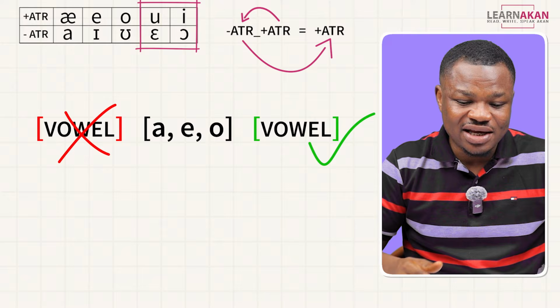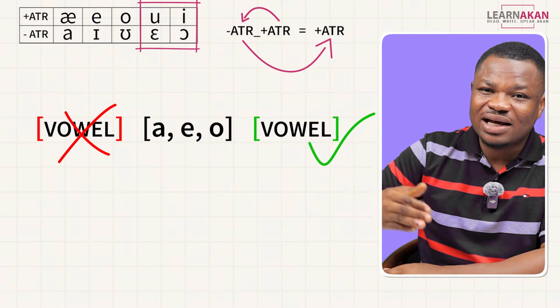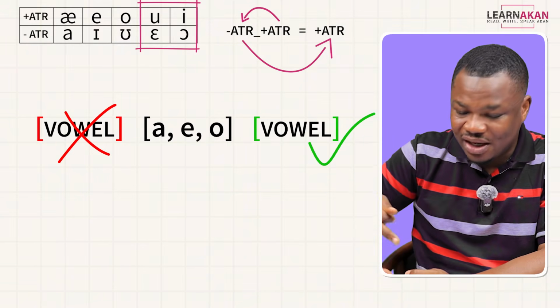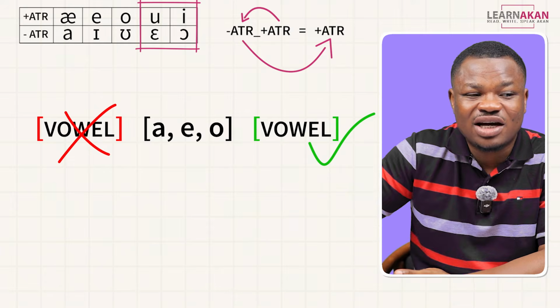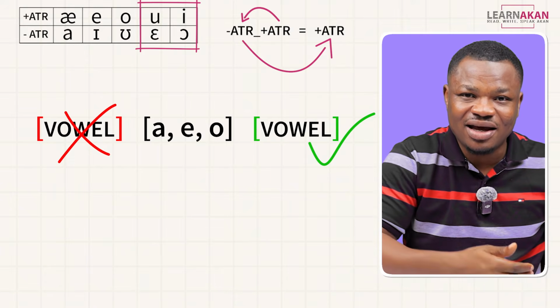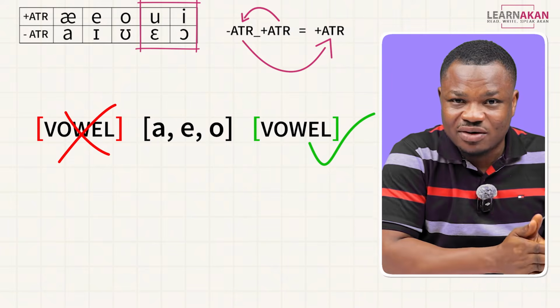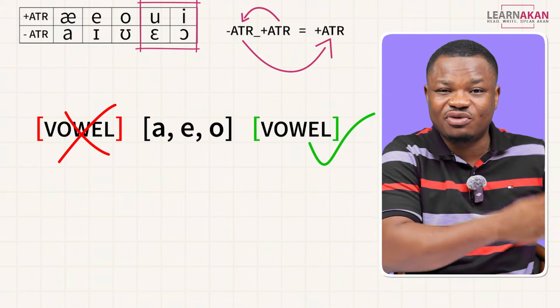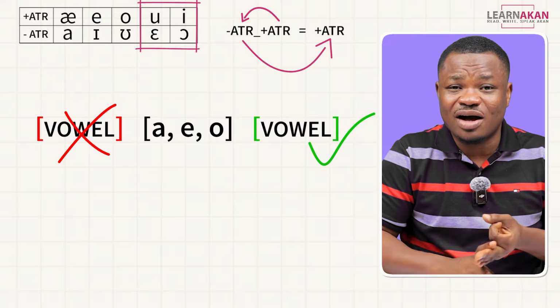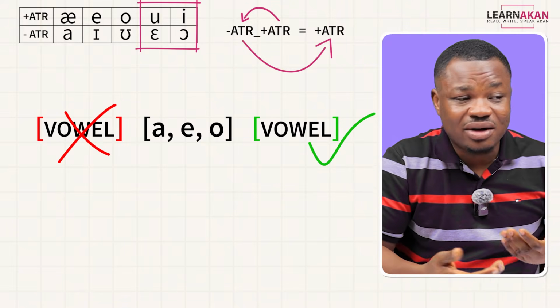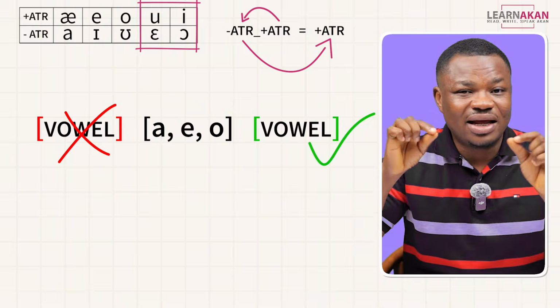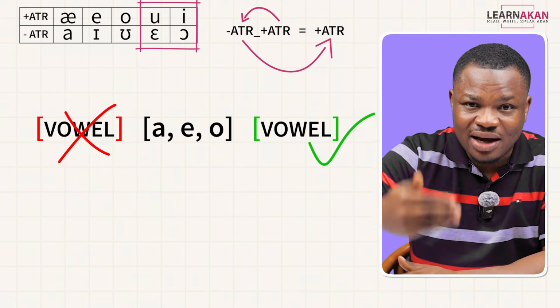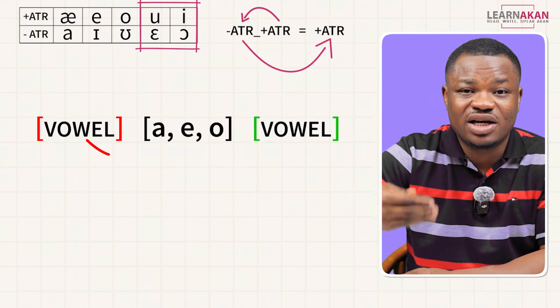So for the vowel that comes before the A, the E, and O vowels, they can be minus ATR, they can be plus ATR, and that will not determine how the A, E, and O vowels get pronounced.